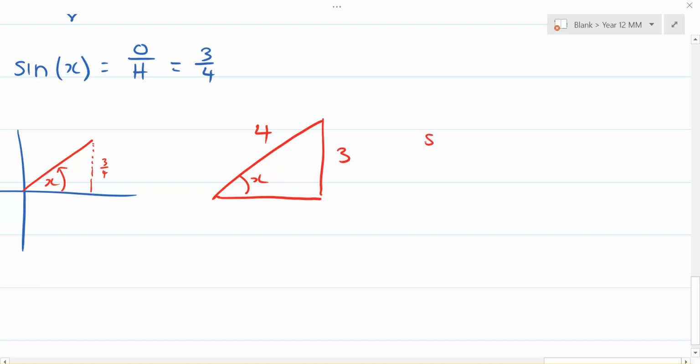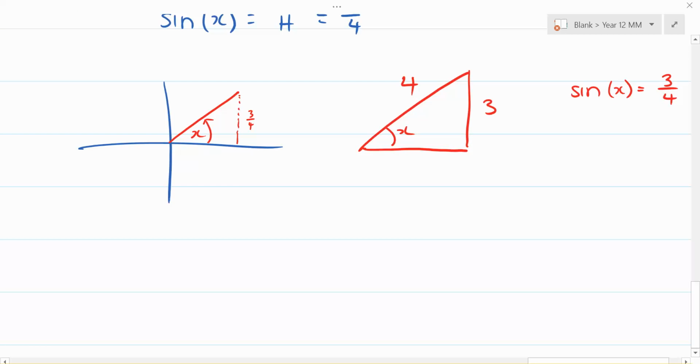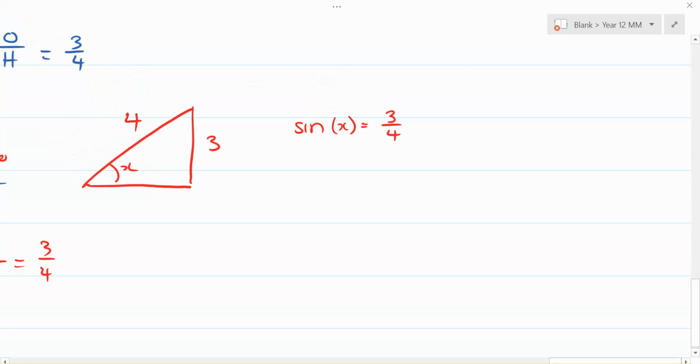That's why we can say the ratio of sine of x is equal to 3/4. Similarly, with the unit circle the radius is 1, and it'll be 3/4 over 1, because it's the opposite over the hypotenuse, and it still equals 3/4.